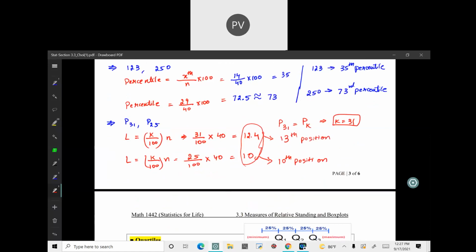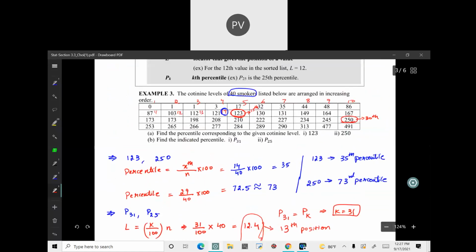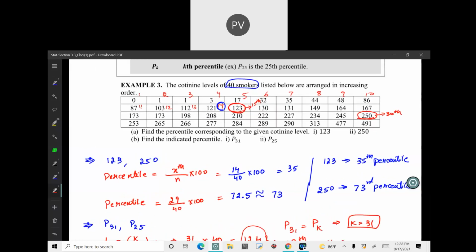Now, what is the data value in the 13th position and 10th position? What is the value in the 10th position and in the 13th position? 86 and 112. How did we find?